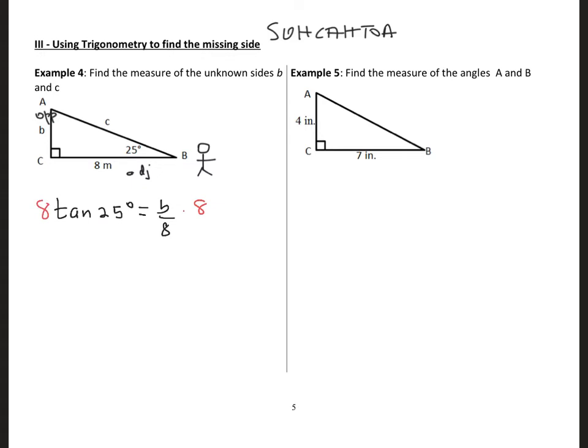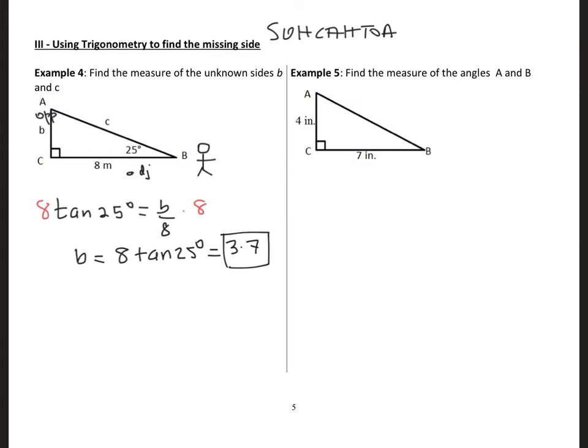When I do that, I get B is equal to 8 tan of 25 degrees. And when I do that, what do I get? I get 3.7. I'm just going to write them to one decimal place.